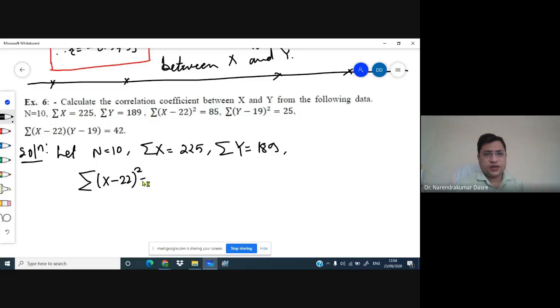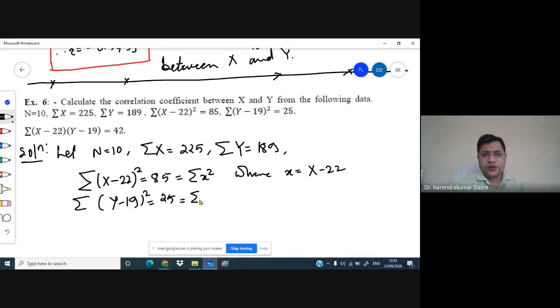So summation of capital X minus 22, whole square, is equal to 85, which is precisely summation x square, where x is capital X minus 22. And summation of y minus 19, whole square, is equal to 25. This is summation y square, where small y is equal to capital Y minus 19.